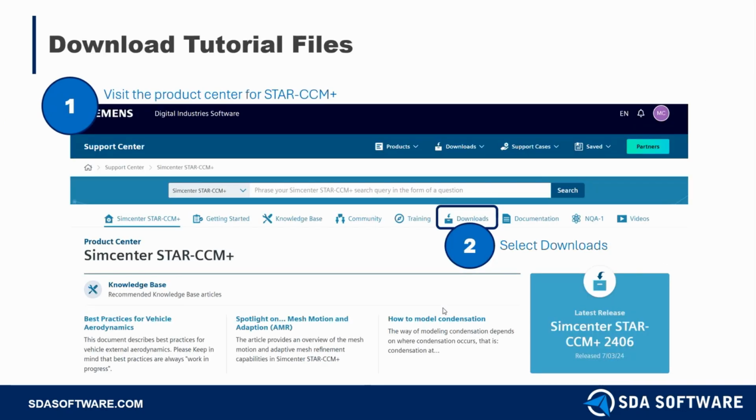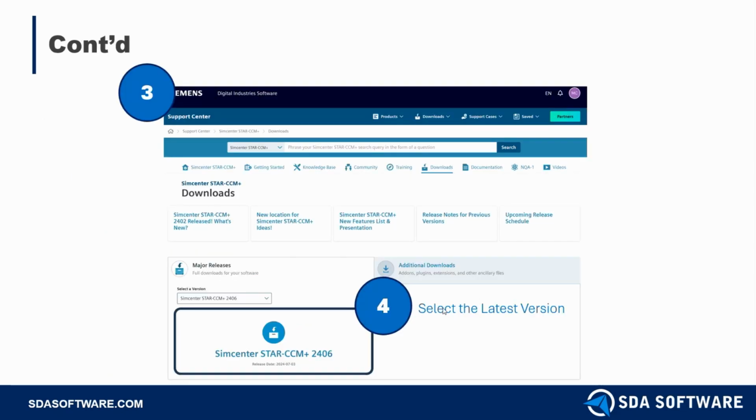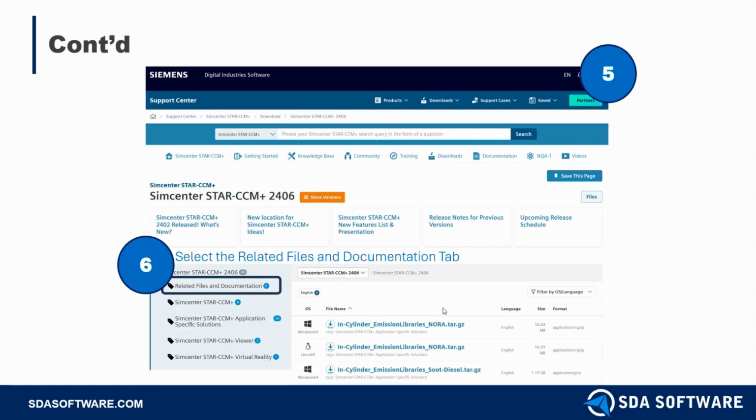Since we talked about the modified tutorials for the SPH module, I also would like to share how you can obtain the tutorial files related to all those modules or the newly updated tutorials. First, you go to the product center again, but this time you won't be selecting the documentation. You'll click on downloads, and then you'll be brought to the downloads page. Usually it's already at the latest version, and you can just directly click the big box on the bottom left, and that will take you to the downloads page for all the related downloads for the latest version, 2406.